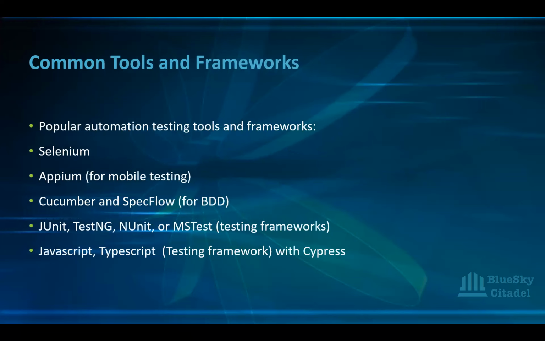The other tools I would like to mention: we have Cypress these days. People are using Cypress, and they're using Playwright. I would suggest you go and read up about these.